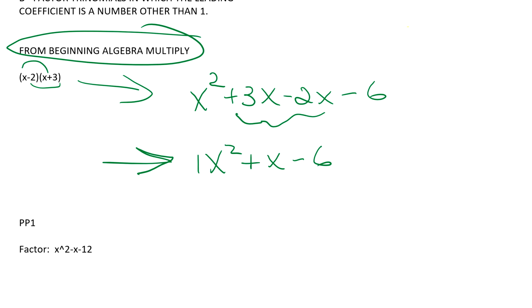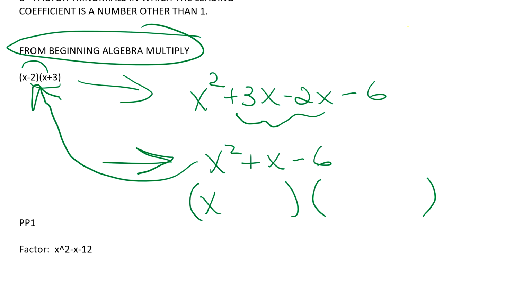Whenever I have problems that lead with x squared or y squared or a squared, whatever the variable is, I know this comes from this format here. So I know ahead of time that I'm going to have two sets of parentheses. And when I have problems such as this, I can just fill it in with what I know, kind of like reverse FOIL.